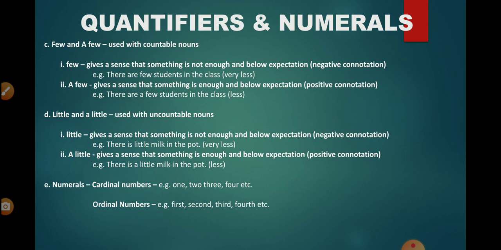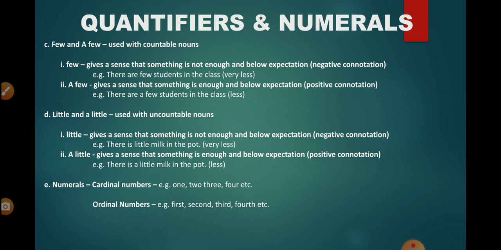But both few and little have some negative connotation in the sentence, means they give some negative sense, and a few and a little both give some positive sense of the sentence. For example, there are few students in the class, means there are very few students in the class to be considered.